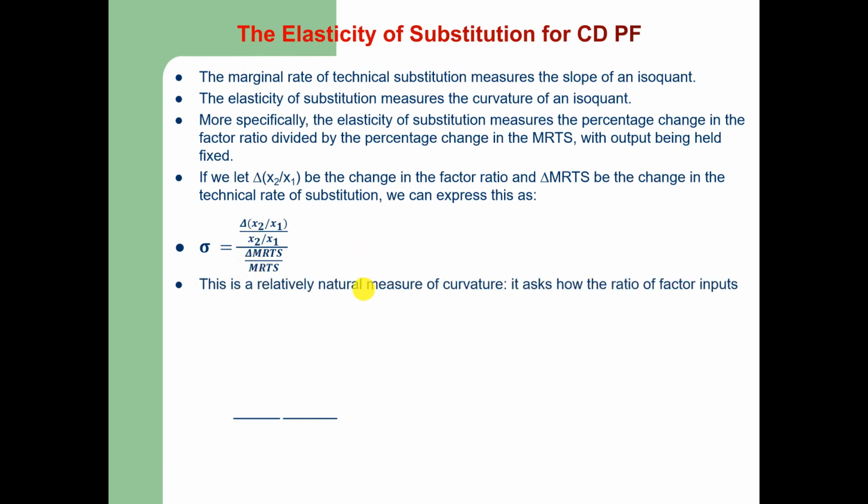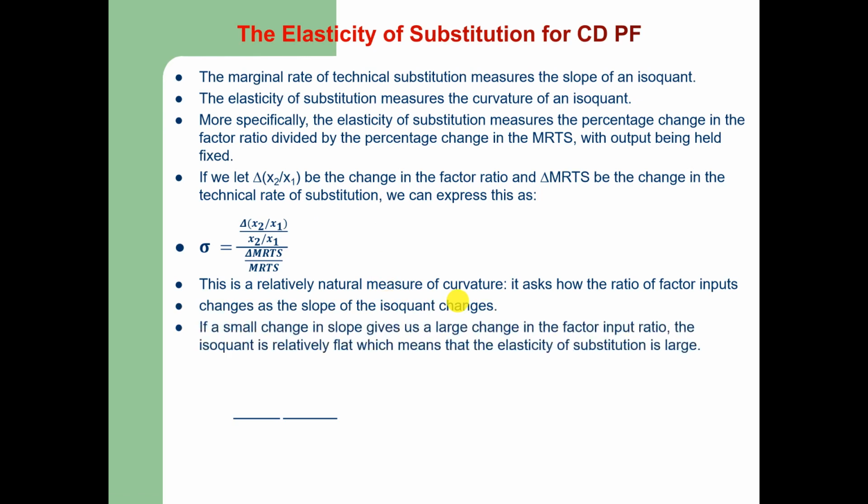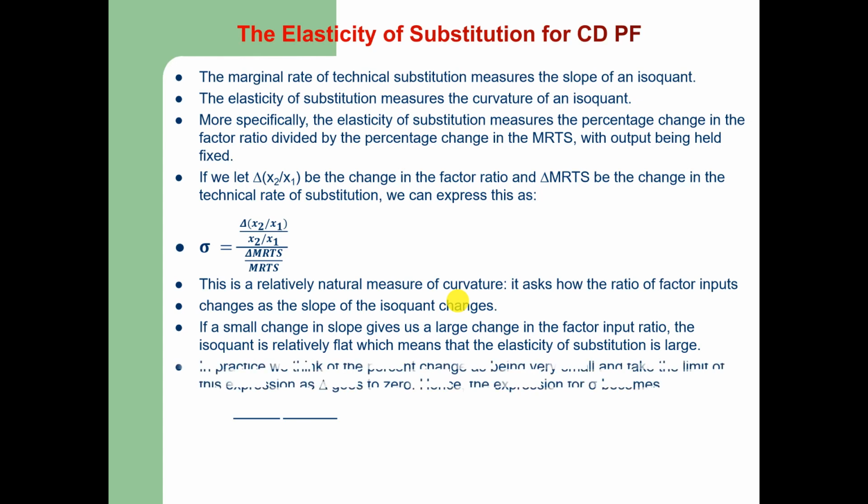So this is a relatively natural measure of the curvature, and it asks how the ratio of factor inputs changes as the slope of the isoquant changes. So if a small change in the slope gives us a large change in the factor input ratio, the isoquant is relatively flat, which means that the elasticity of substitution is large.